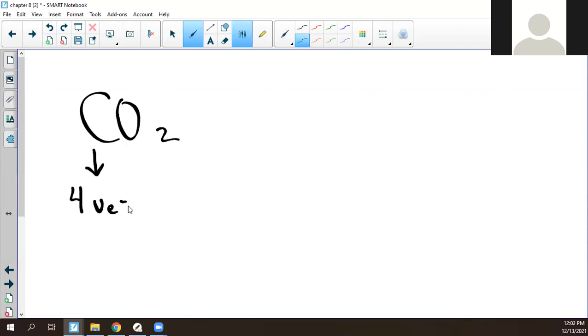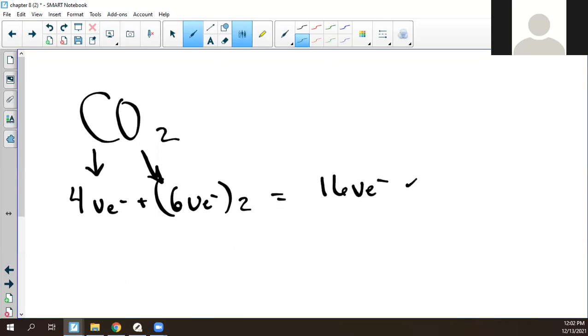Raise your hands if you're okay with that concept. Oxygen is in family 6, so it has 6 valence electrons, but there are 2 of them. So we have 4 plus 12, which is 16 valence electrons, which is the same as 16 dots. Who's with me so far?